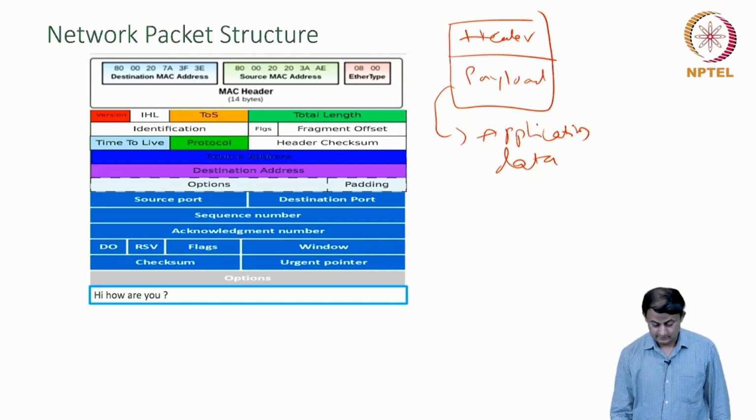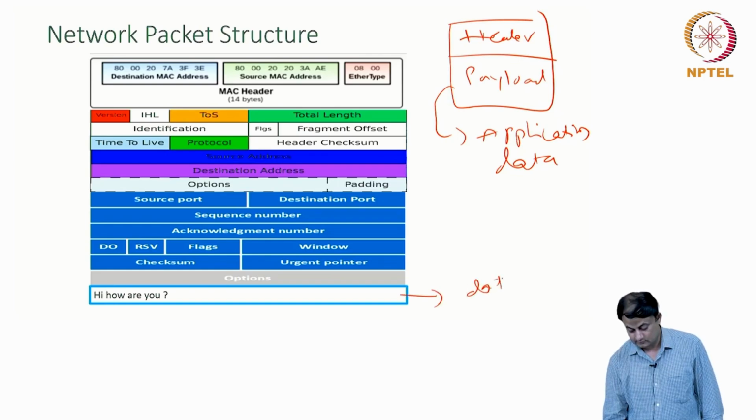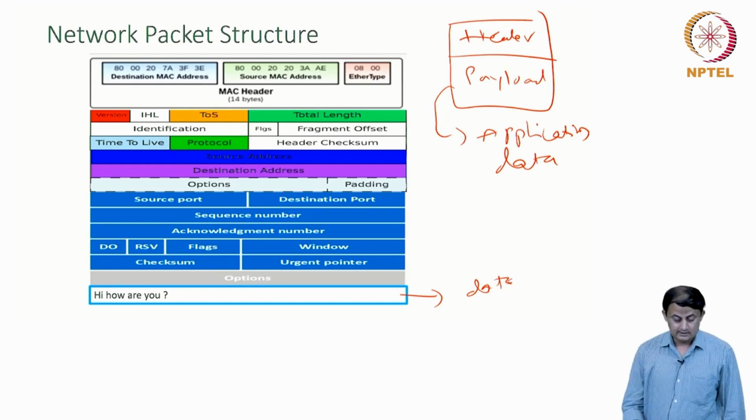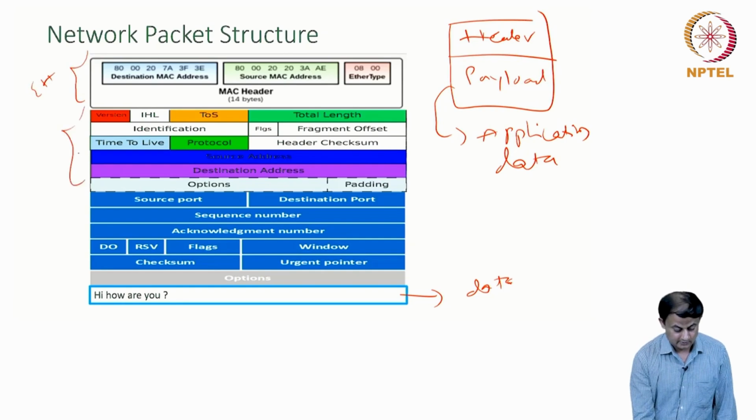There are different headers. This is the portion where the actual content is going, that is the payload or the data that is carried inside this packet. From here to here is the Ethernet header, from here to here is the IP version 4 header, and from here to here is the TCP header.